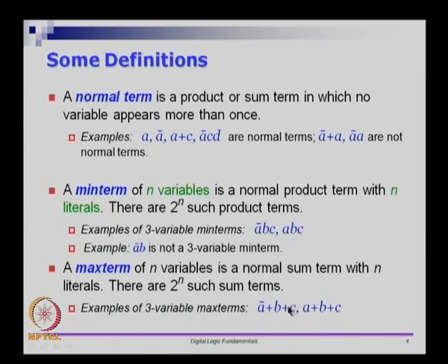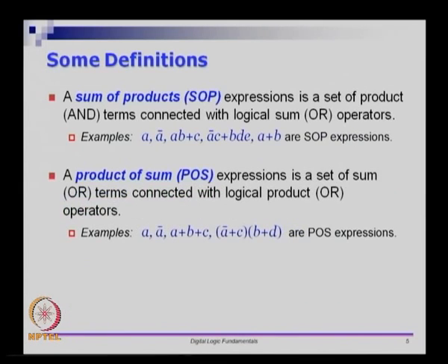So, a bar plus b plus c is a valid max term. A plus b plus c is also a valid max term in 3 variables. Like here, a bar plus c cannot be a valid max term in 3 variables because it needs one more variable, whereas a bar plus b is a valid 2 variable max term.